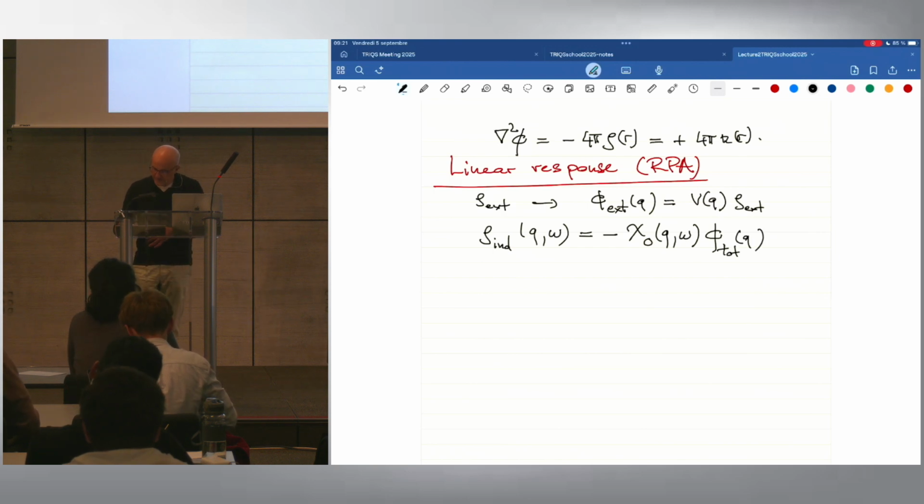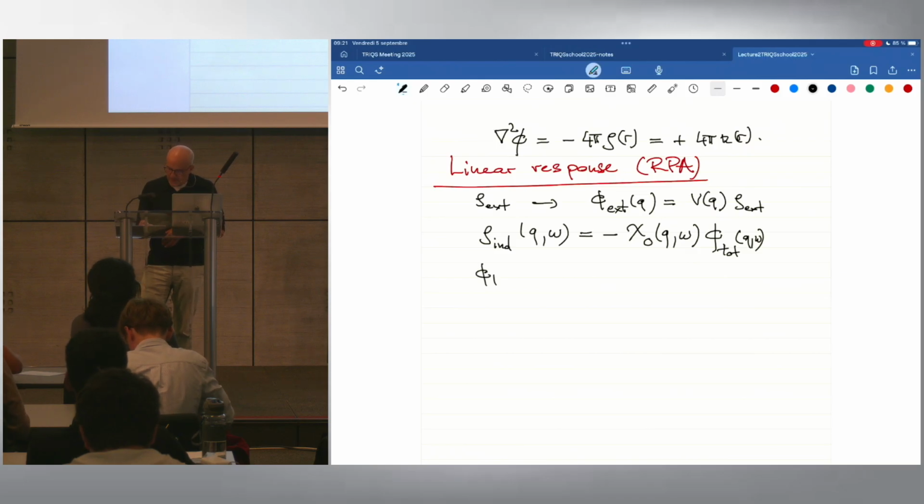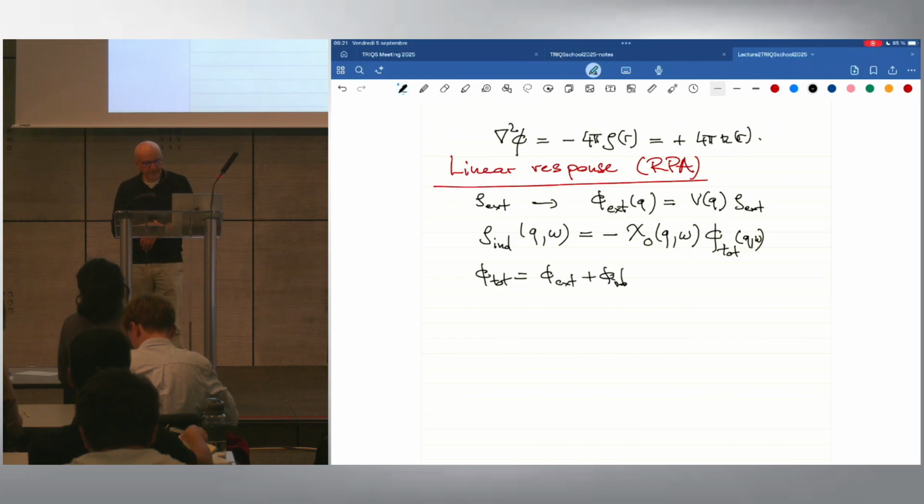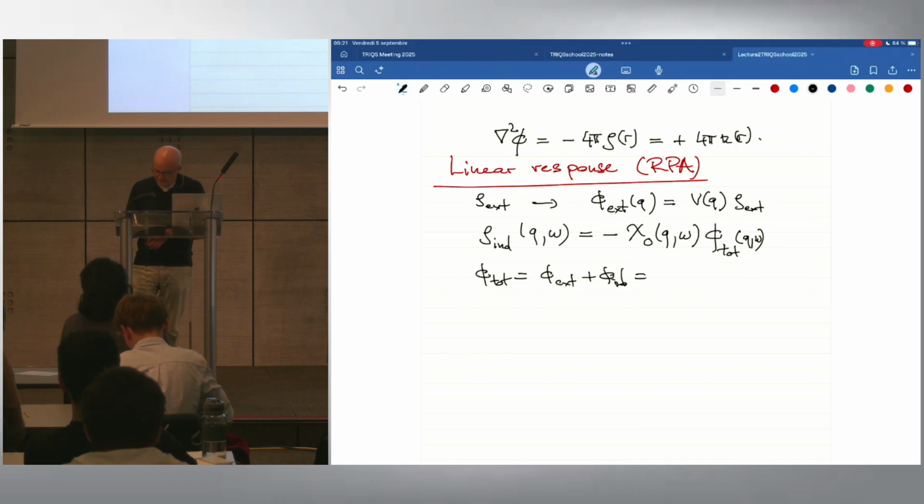Okay. So now the only thing I need to do is to actually combine these two things together and write that phi total is, of course, phi external plus the induced charge density, right? And hence, it is equal to phi external minus v of q, chi naught of q and omega, times phi total.